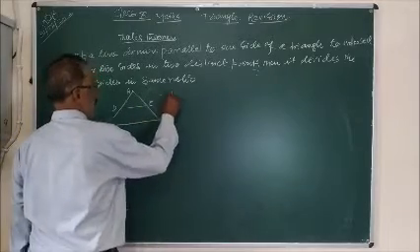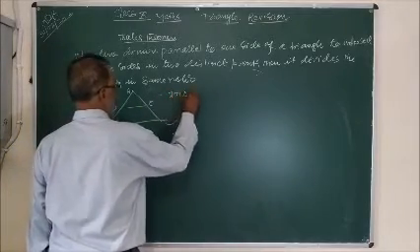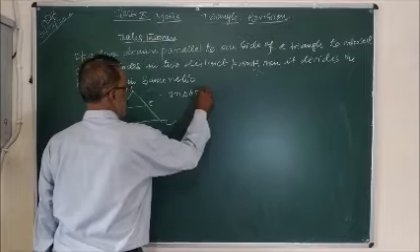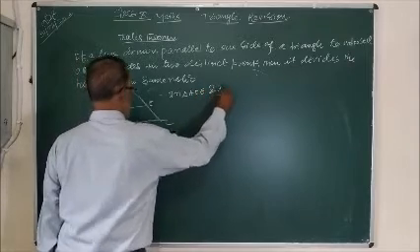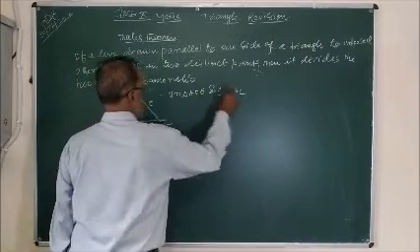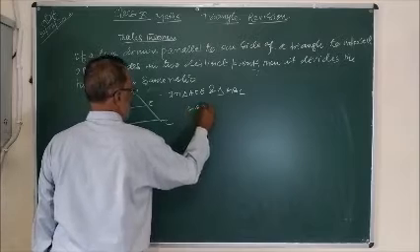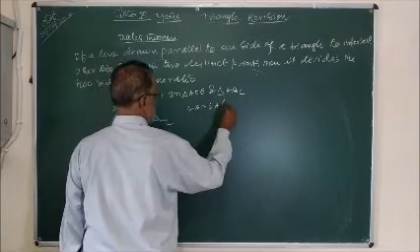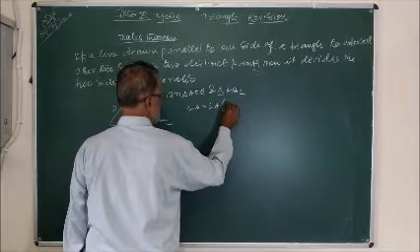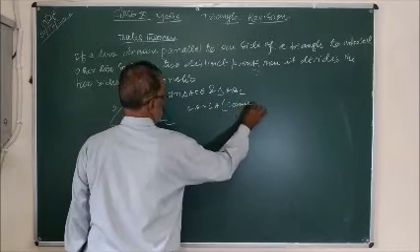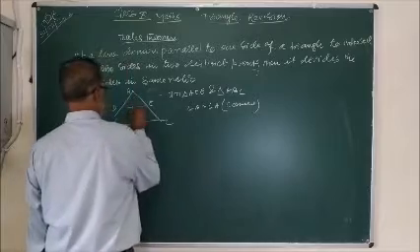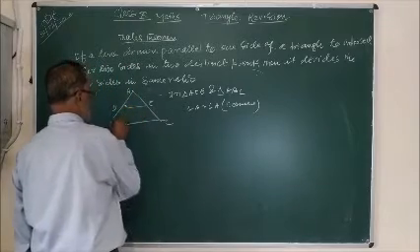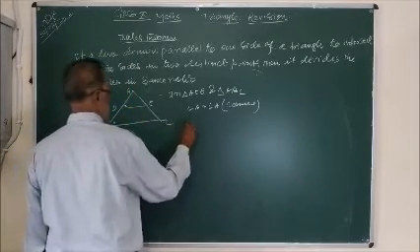Now the alternative method: in triangle ADE and triangle ABC, angle A is equal to angle A, common to both triangles, so that will be equal, and these two are parallel, so this angle will be this angle, corresponding angles.